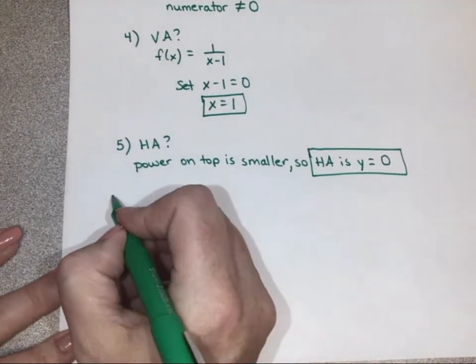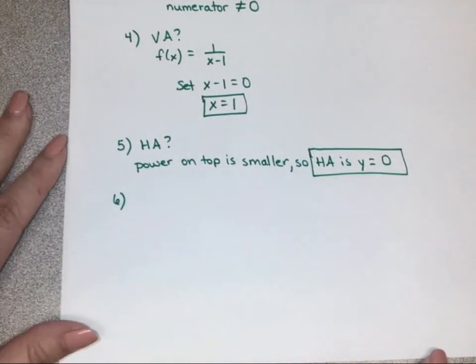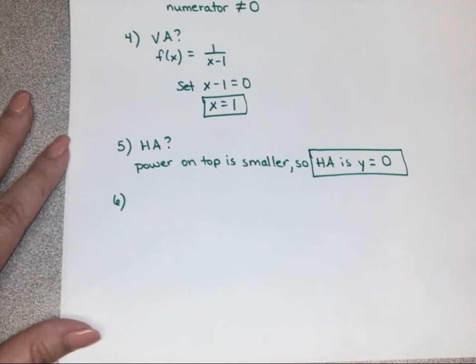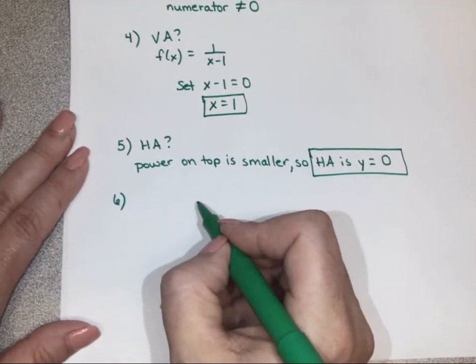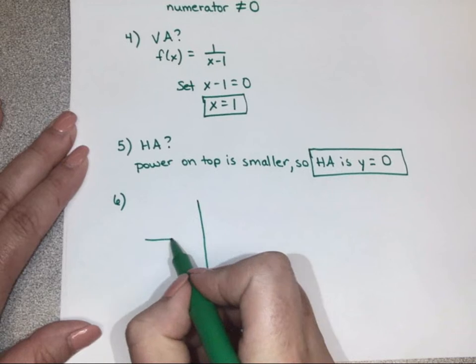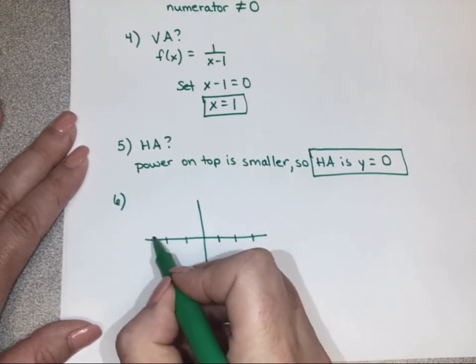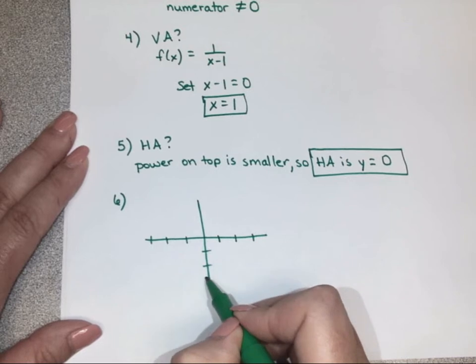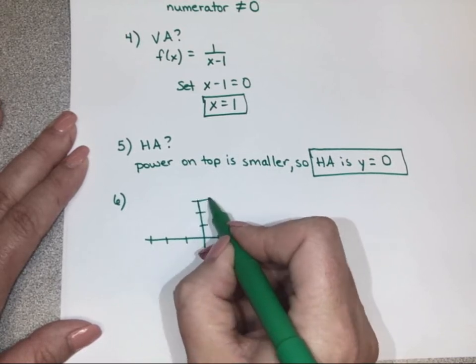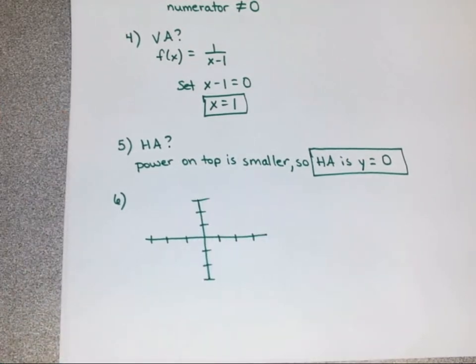Okay, so step number 6 is the mother of all the steps we're doing here. This is what we're trying to get to. We're going to see if we have enough info. So I don't really need to count very big. Maybe I'll just go out like 3 in every direction. But then you just start at the top and start working your way through the information you know, right?